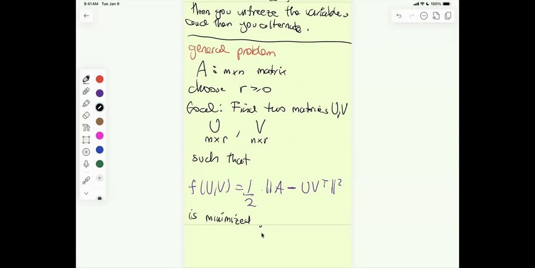So it's kind of like the low rank problem, but framed in this calculus perspective, regarding this as a function of two matrices. That's the change in perspective: I'm thinking about this as a function of two matrices instead of the entries of the matrix.